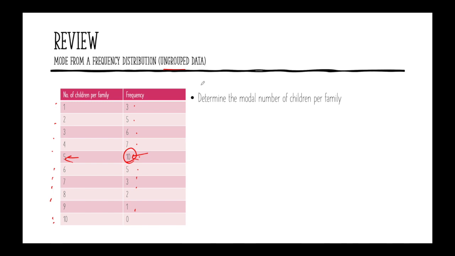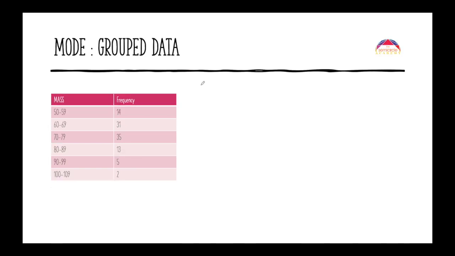When we're dealing with grouped data, it's a little bit different. Here we have the mass of students, right? From 50 to 109 kilograms. And we have them in intervals. So we are dealing with grouped data. And we have the frequency of students here.